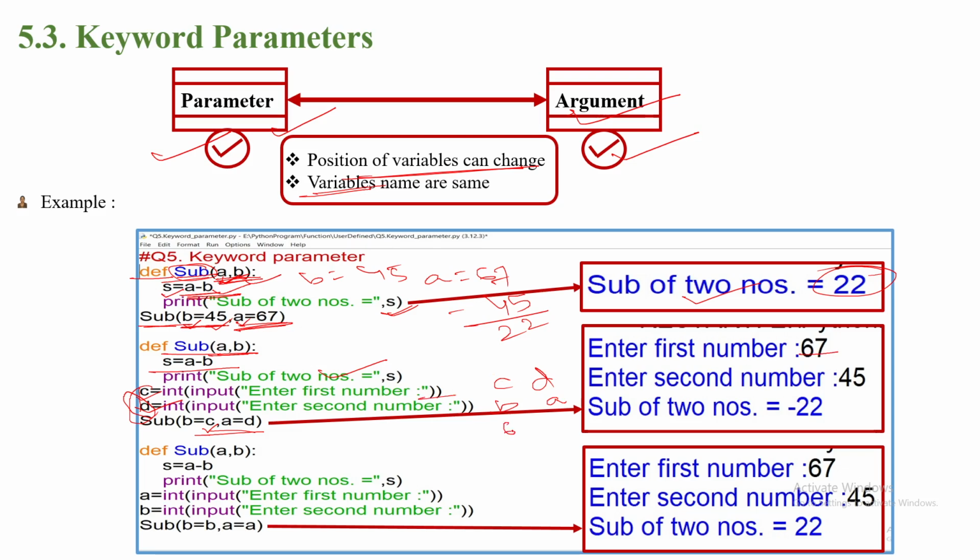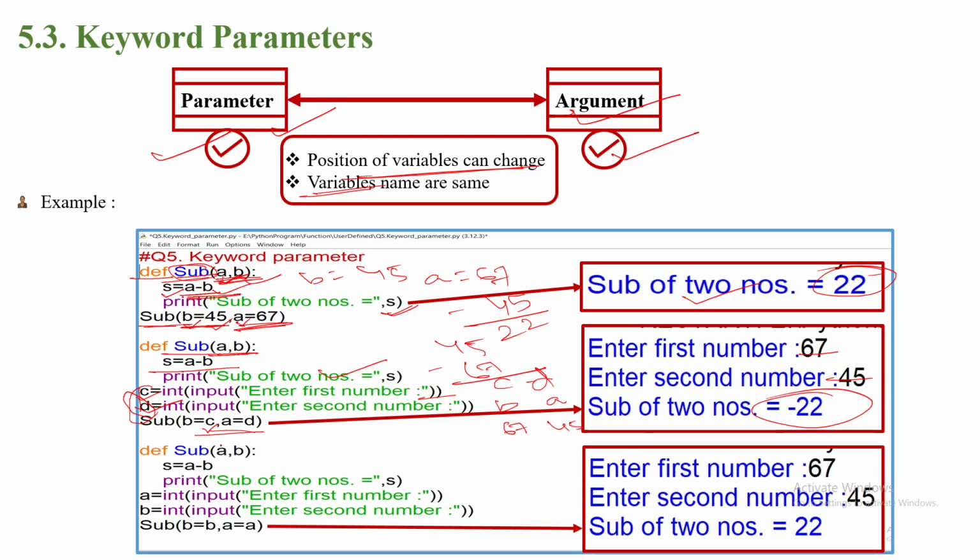So the b value is 67, the a value is 45. And subtraction a minus b, so 45 minus 67, whenever you do it, you will get minus 22.